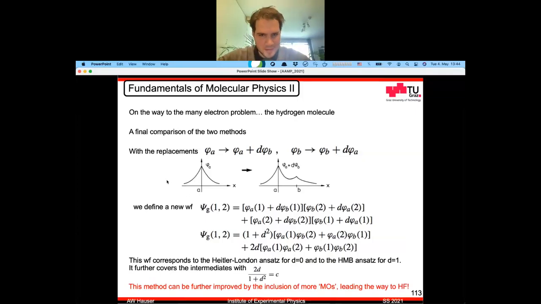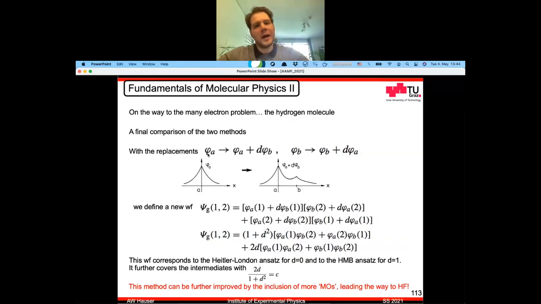Look at this idea. We take the wave function at atom A and we take the wave function at atom B and we say, okay, let's try to improve it by adding a little bit of B to my atomic orbital of A and introduce this as a new type of orbital.